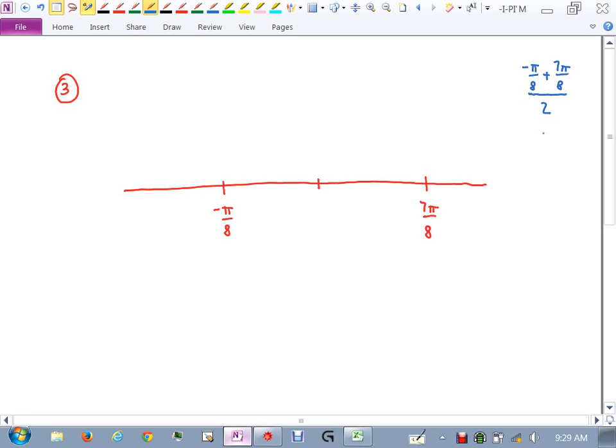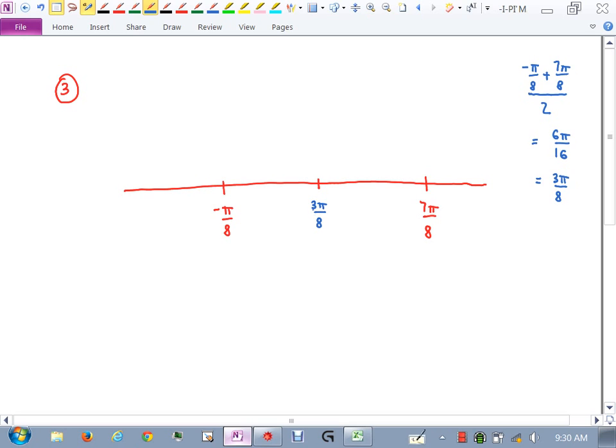Which will reduce, but do you all agree that this is 6 pi over 16? Now reduce it because 2 goes into 6 and 2 goes into 16. So we get what? 3 pi over 8. Questions? So that's our middle one.